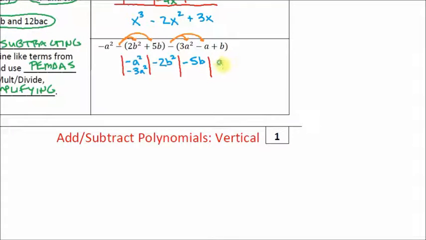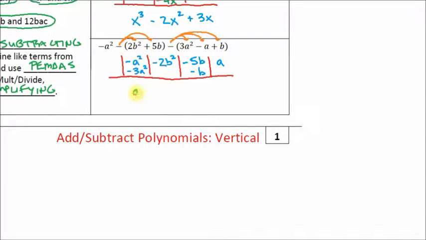I'm just going to write a here. And we've got one more term. Negative 1 times positive b is negative b, but that has a column already with b's in it. Here's the b column, so we've got a negative b. All right, looks like we've got all of our variables in their own columns. So let's go ahead and finish this up.